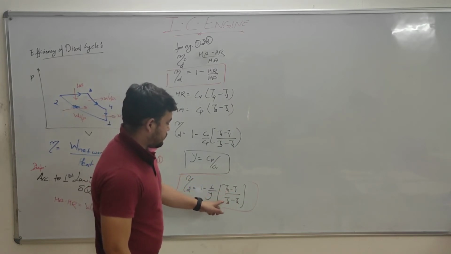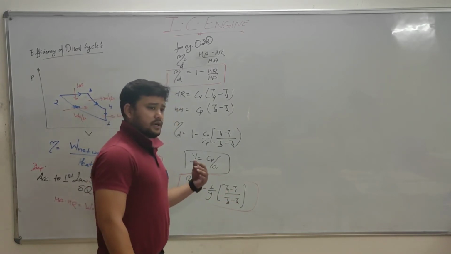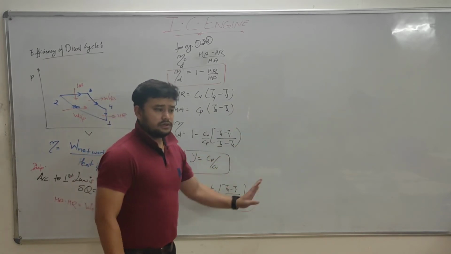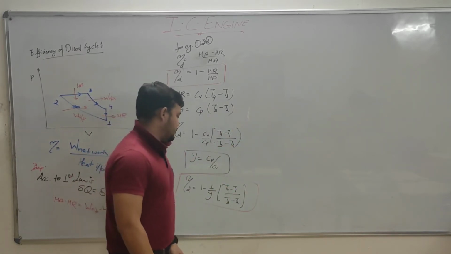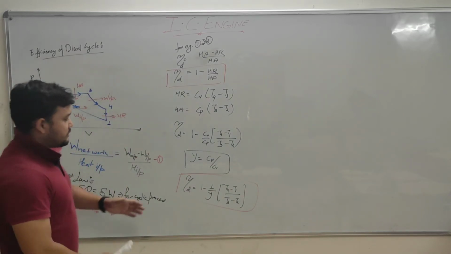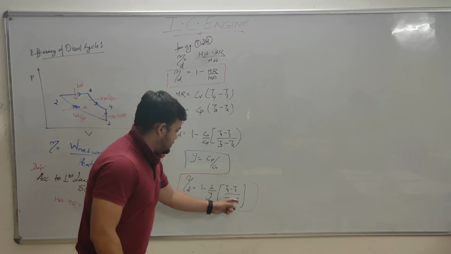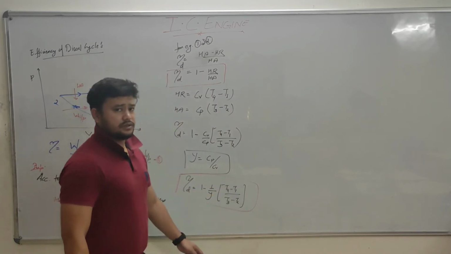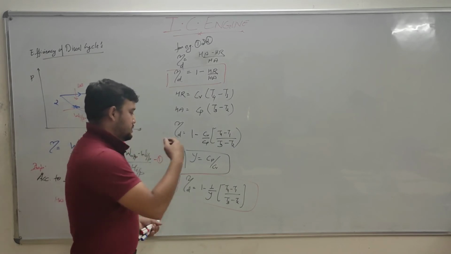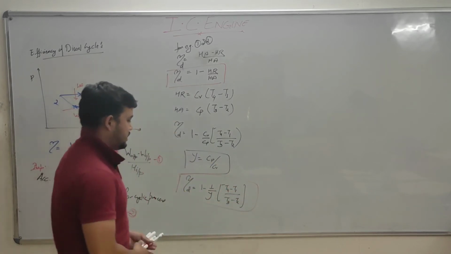There are three values, T4, T3, T2. We have to convert T4, T3 and T2 into functions of T1.